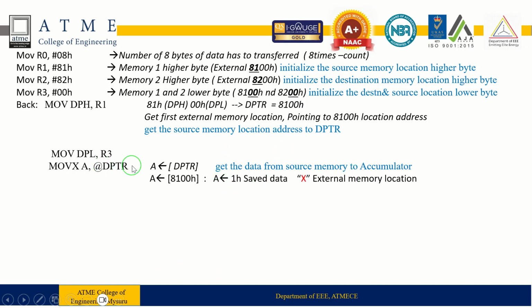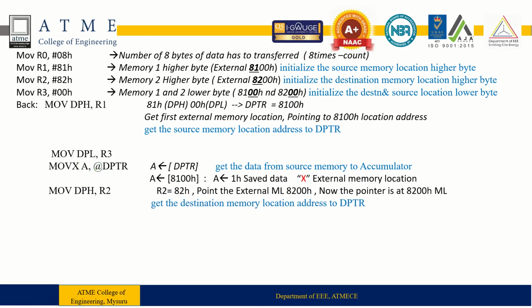Initially we saved data 1 in 8100H, so now the accumulator is 1. Here MOVX is used in order to move with an external memory location.